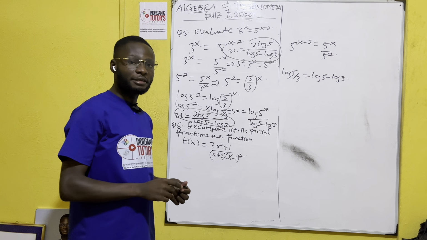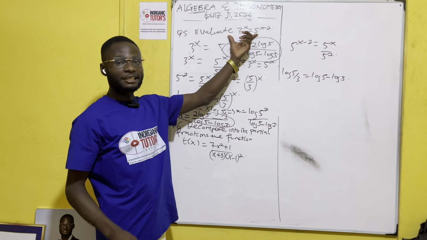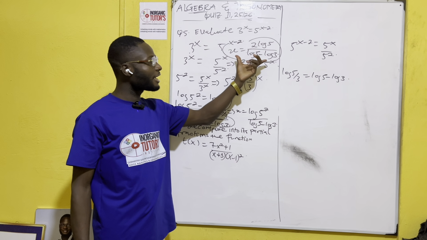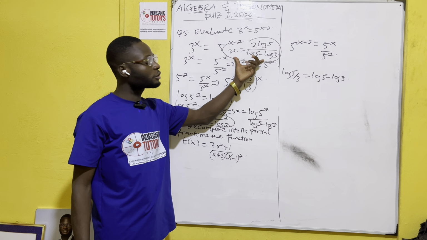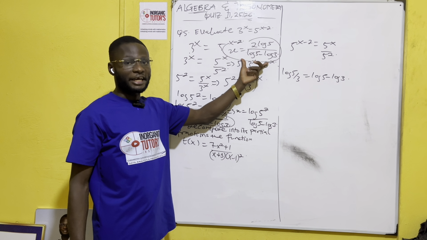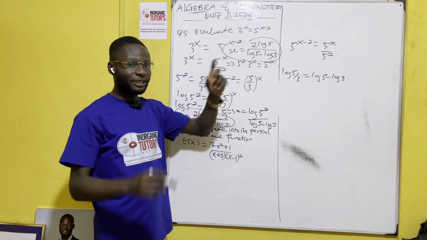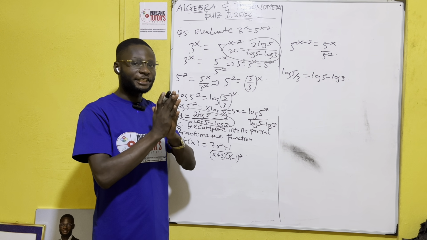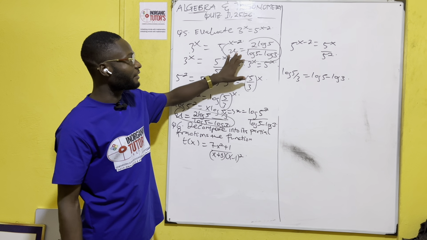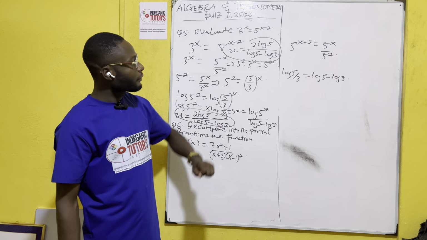We have been able to evaluate this expression nicely by using the properties and laws of indices together with their friend, the colleague, logarithm. So indices and logarithms work together. So that is the expression after evaluating this.